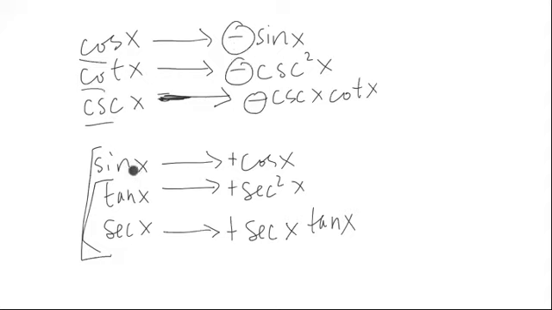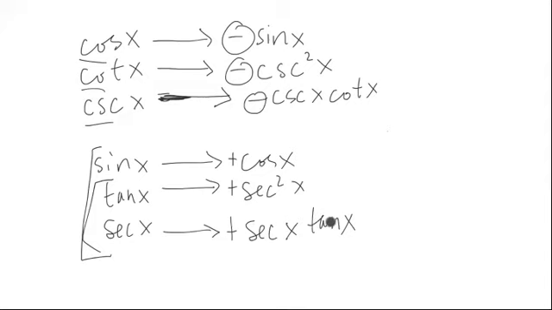Also notice, the derivative of sine of x is cosine. The co-pair of this would be sine. That's kind of a funny term, co-pair, but it's like secant and cosecant. You just take the co of those.